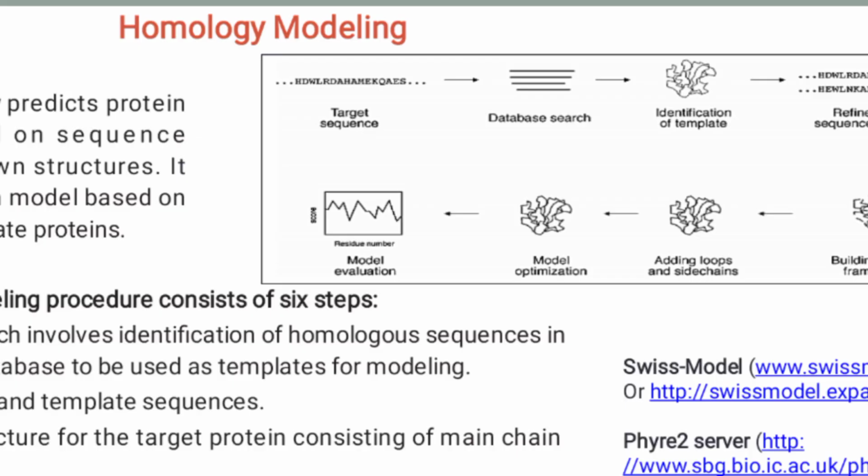You refine the alignment, then build a model framework, and then the loops and side chains are properly set to avoid clashing and what we call steric hindrance. And then after that, the model will be optimized, and the optimal model, the model that has the best optimization in terms of energy criteria and in comparison with the experimental parameters, will be selected.